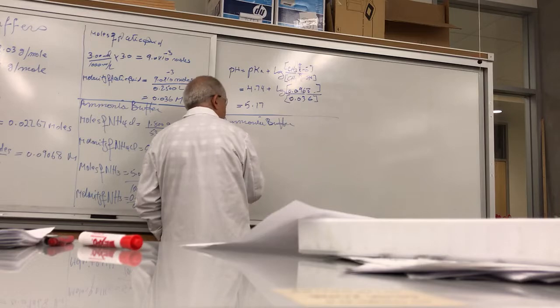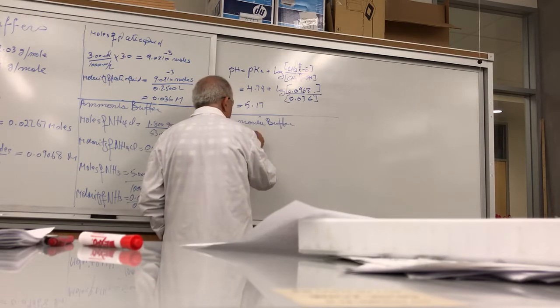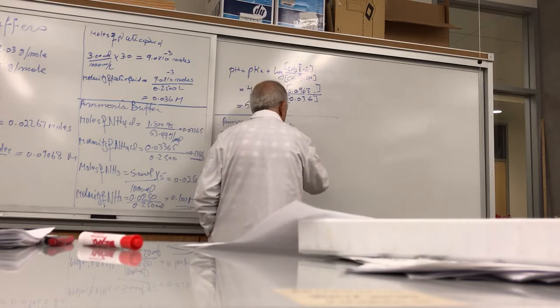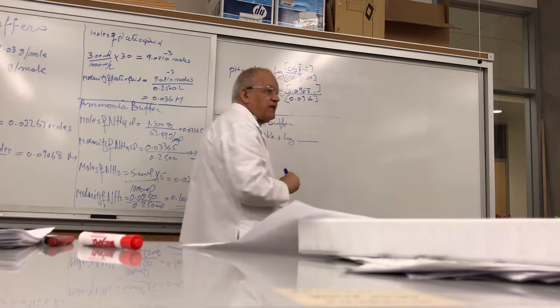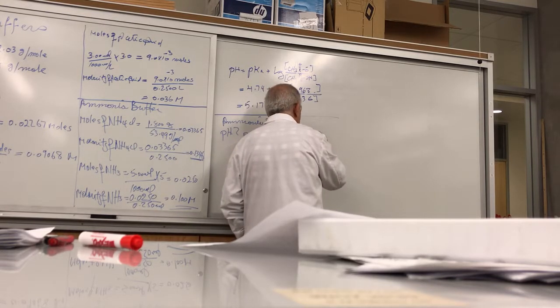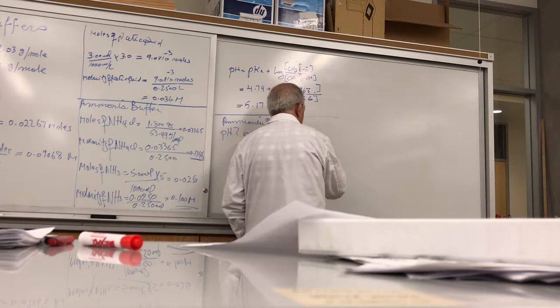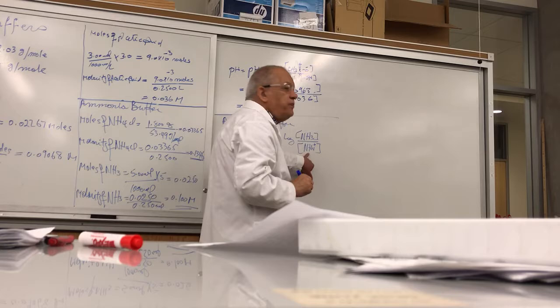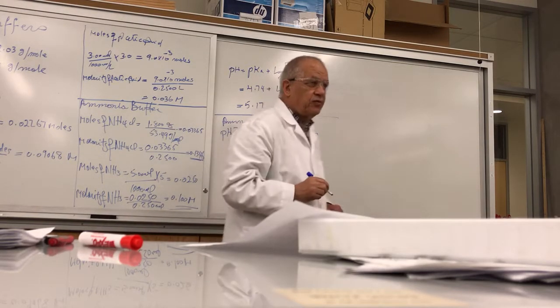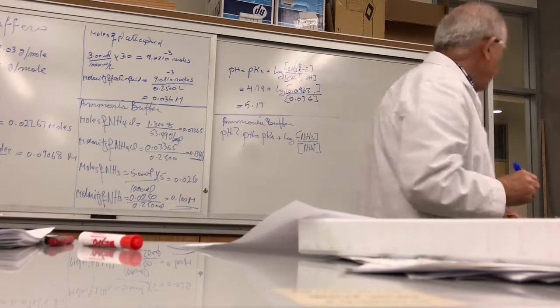Same thing, you have the same story, pH equals pKa plus log. What's the base for the ammonia here? It has NH3 here, concentration of ammonia over concentration of ammonium.